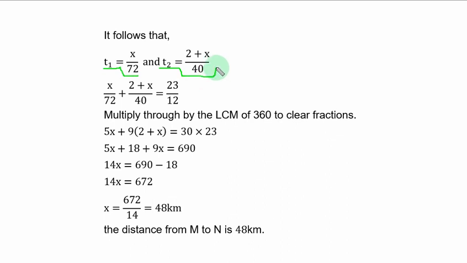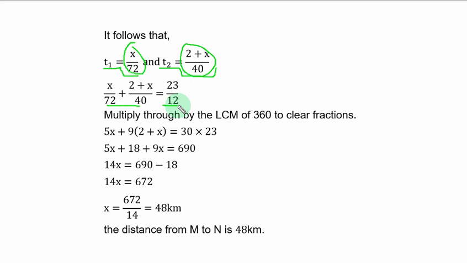So if you add the two times, t1 plus t2, what we have there is 23 over 12. So t1 is equal to this, and t2 is equal to this. So t1 plus t2 gives 23 over 12.